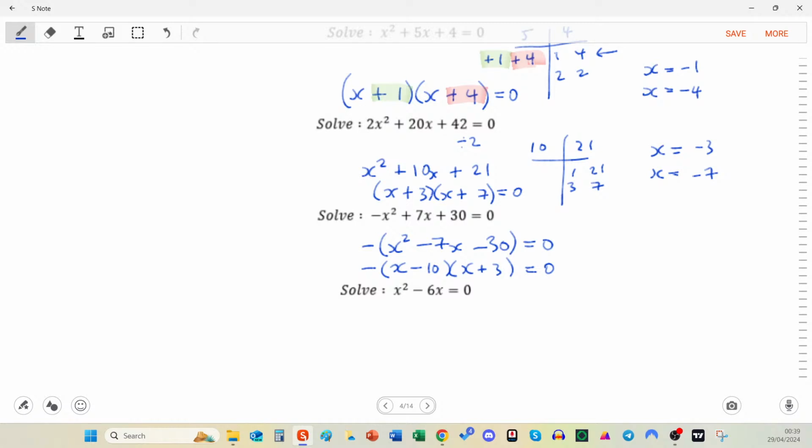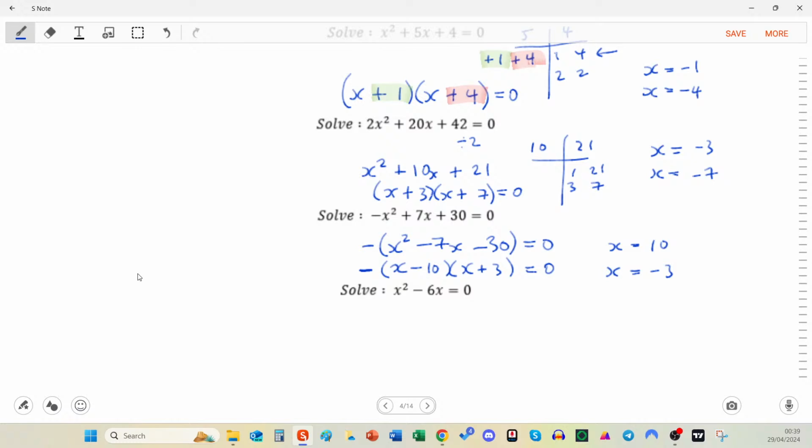I guess we'll combine it with this -1 here, whatever. But essentially it doesn't matter what they are. This -1 could come in, but it's having no effect because it's just a number, right? It's just this lonely -1 at the front. So with it being out the way, we can just focus on what makes these brackets 0. And in the first one, it's 10. And the second one, it's -3.